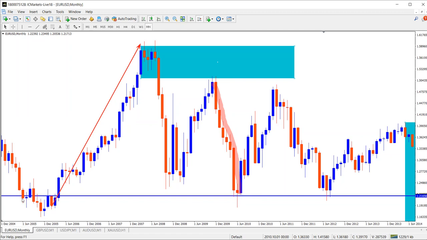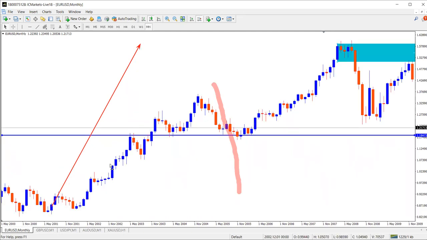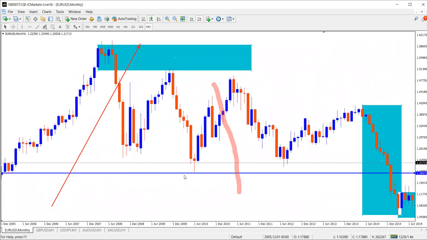You can see that it is respecting this last candlestick here. When you go to the low, you can see it respecting this candlestick here. So the order block is what? Always the last candlestick of what? The bearish candlestick.